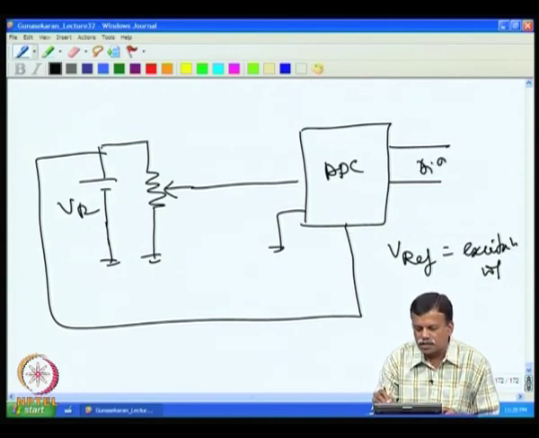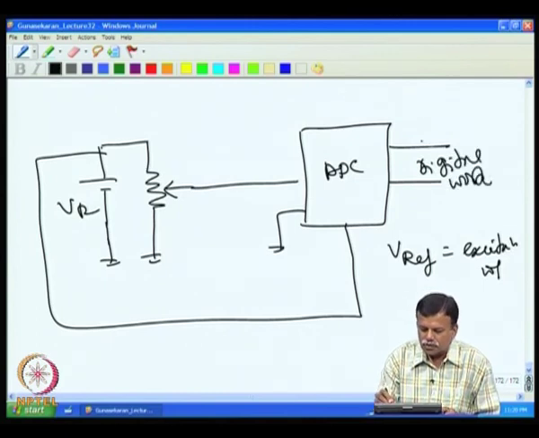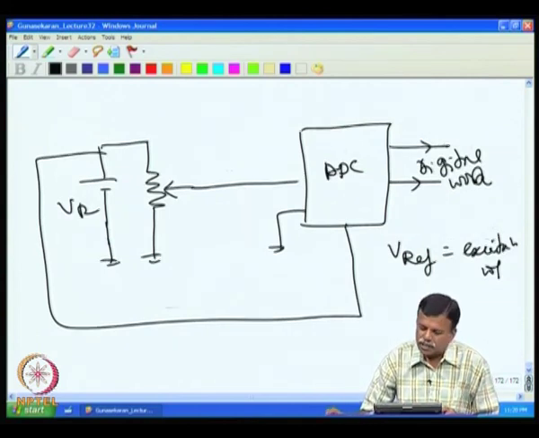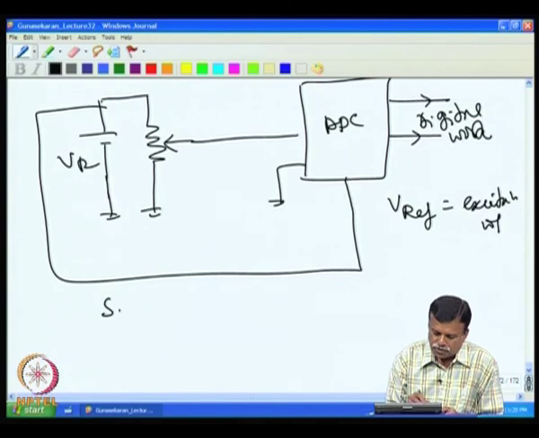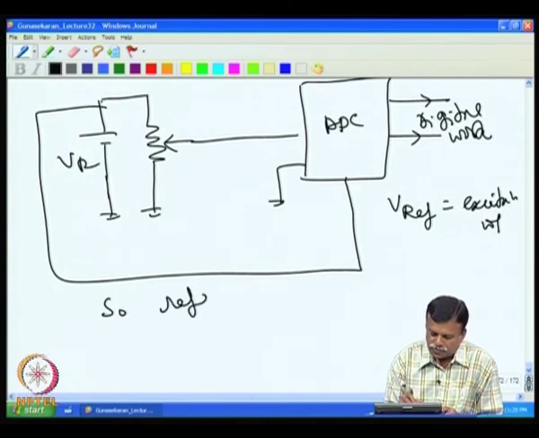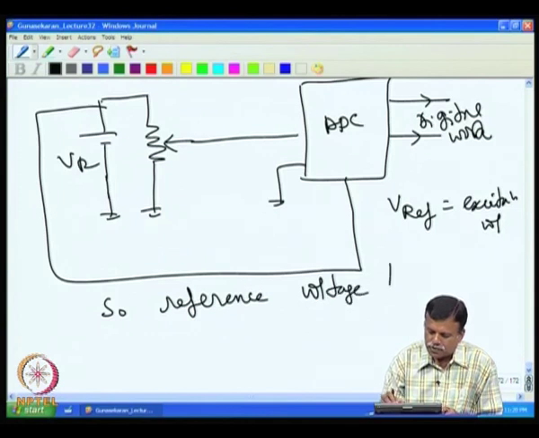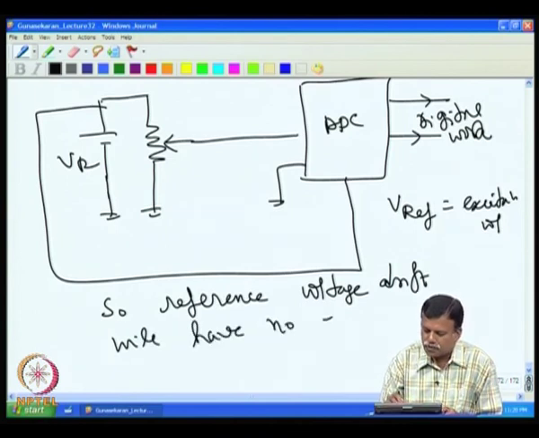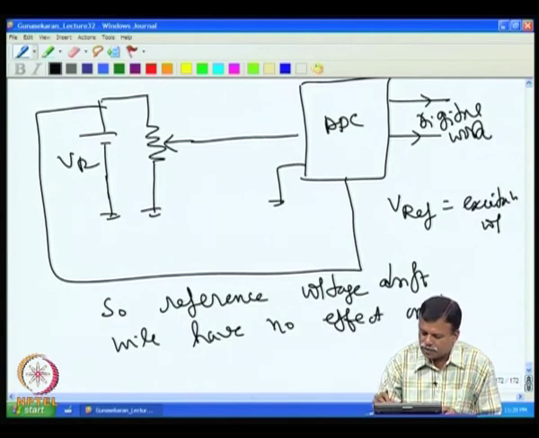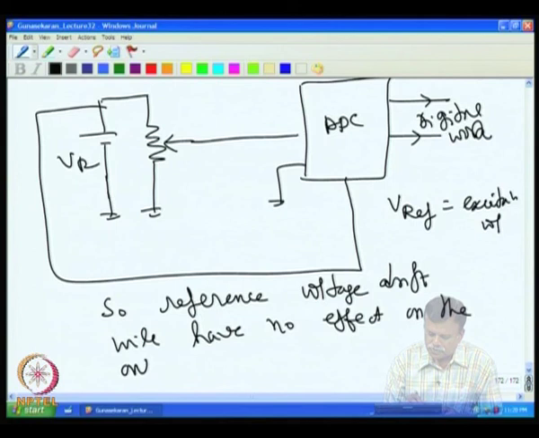This is a digital word. So reference voltage drift will have no effect on the output.